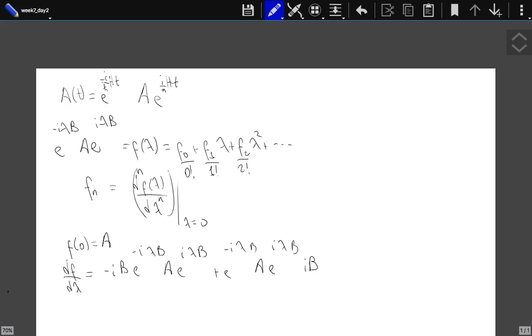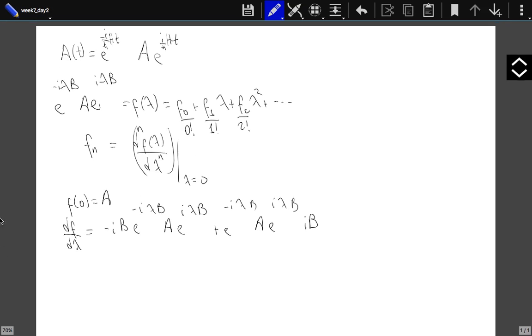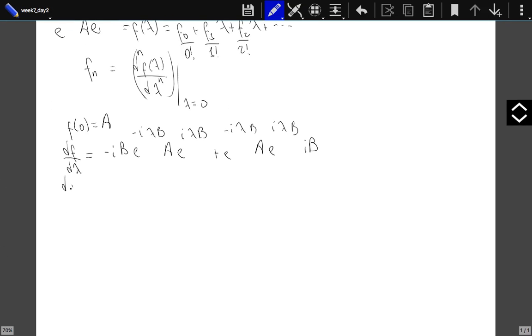And now if you set lambda equal to 0, df over d lambda, evaluated at lambda equal to 0, is just minus i (BA minus AB), which is minus i, the commutator of B and A.